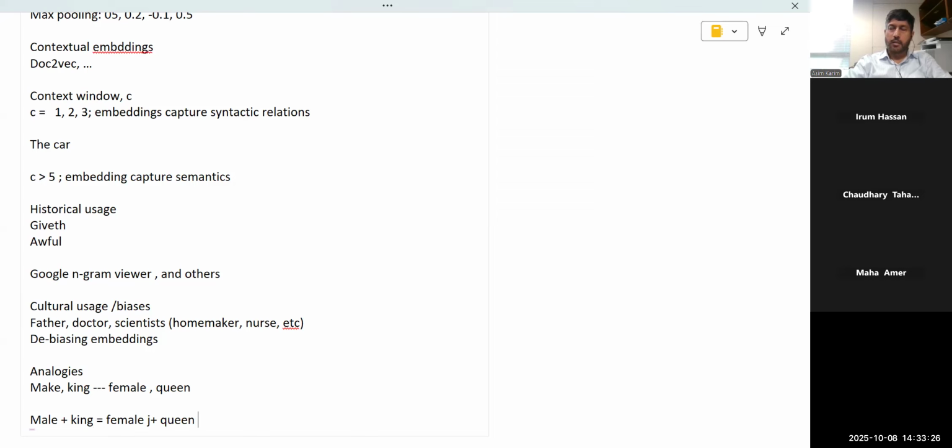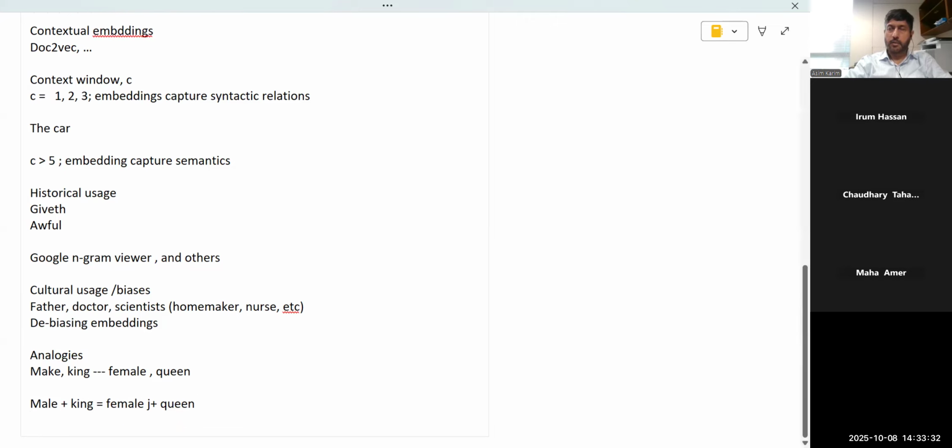ठीक है? So you can then apply simple arithmetic here. ठीक है? So female is over there. So male plus king minus female would give you a queen. ठीक है?